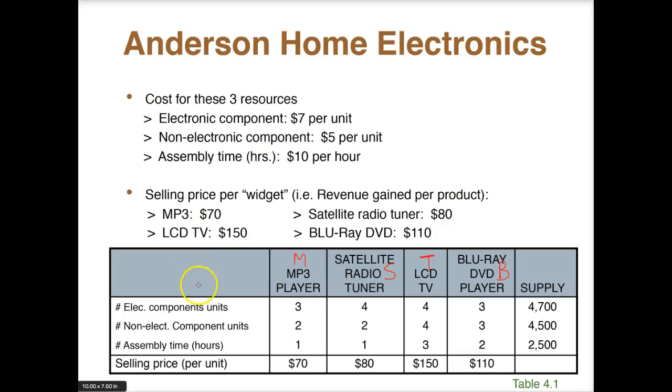For our constraint on the supply of electronic components, we have 3 times M, plus 4 times S, plus 4 times T, plus 3 times B, and at most what we have for electronic components is 4,700, so that would be less than or equal to.